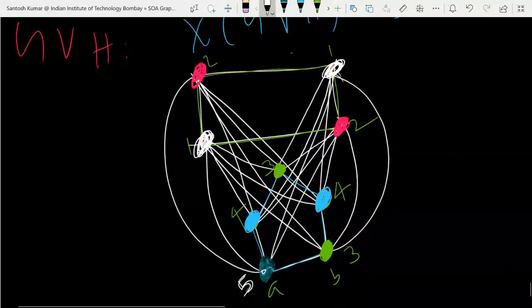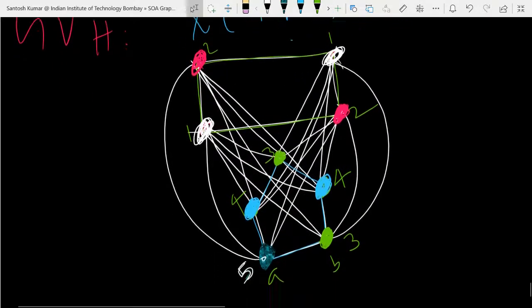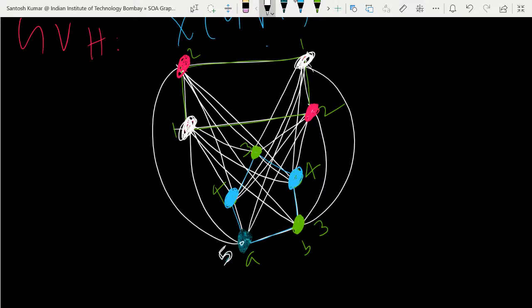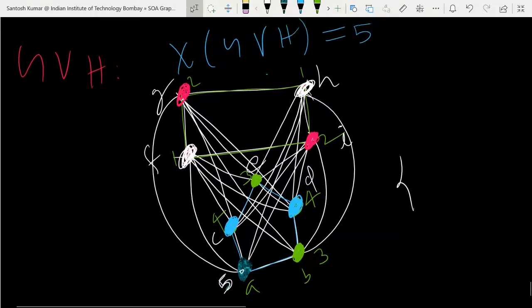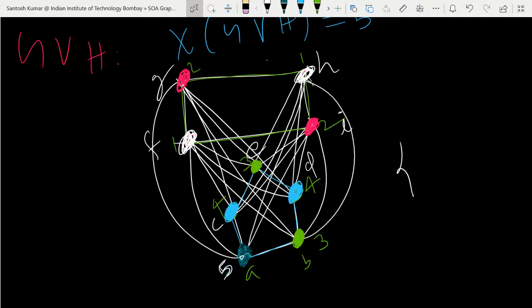Or you can simply see again, if I name it like A, B, C, D, E, and F, G, H, I. So if you notice, can you tell me a clique of size 5 in this graph as a subgraph?